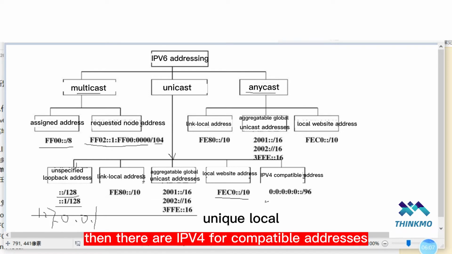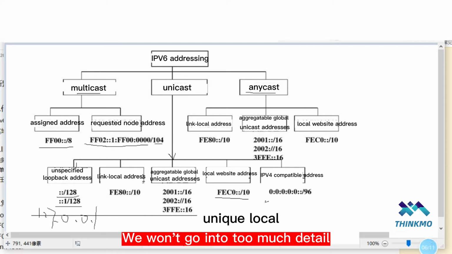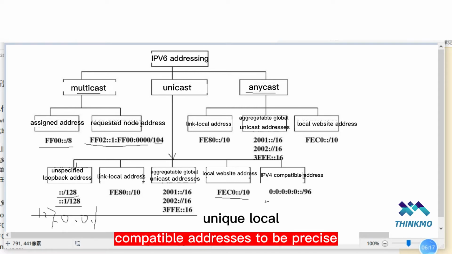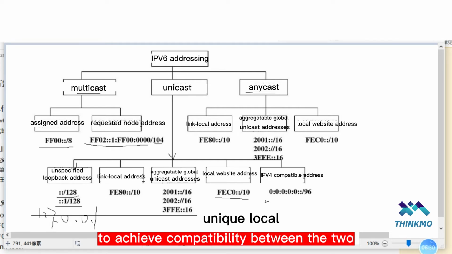Then there are IPv4-compatible addresses. We won't go into too much detail, because compatible addresses, to be precise, are obsolete. At the beginning of the early transition between IPv4 and IPv6, to achieve compatibility between the two, you had IPv4-compatible addresses.